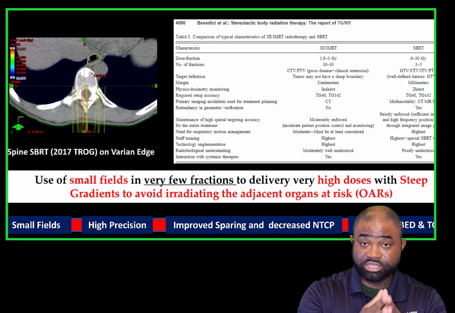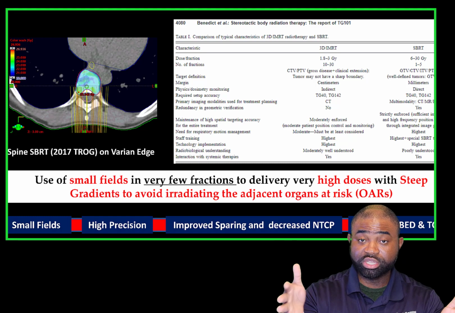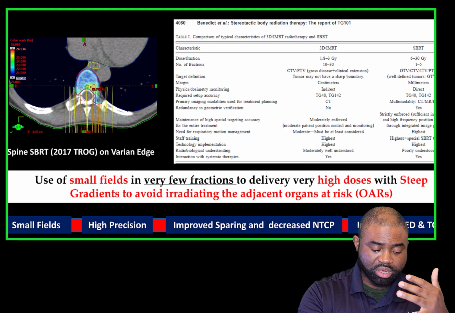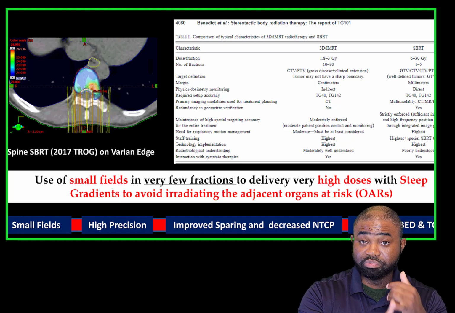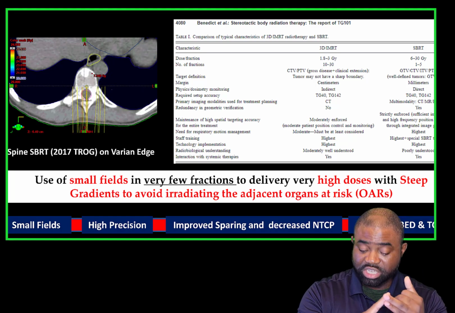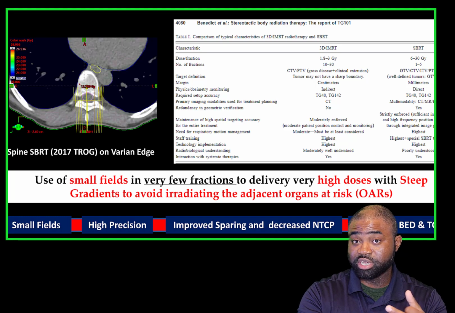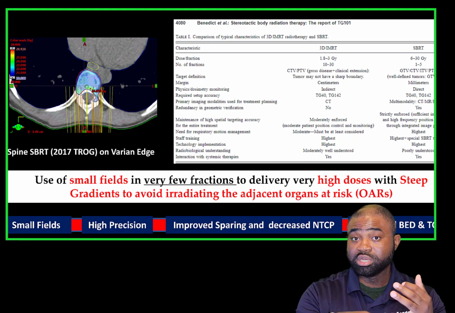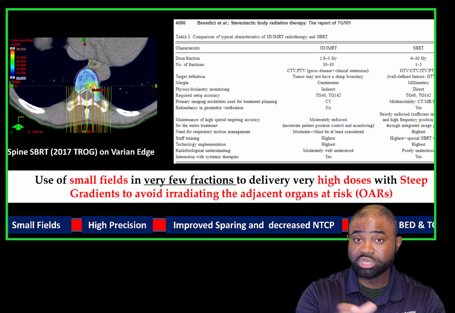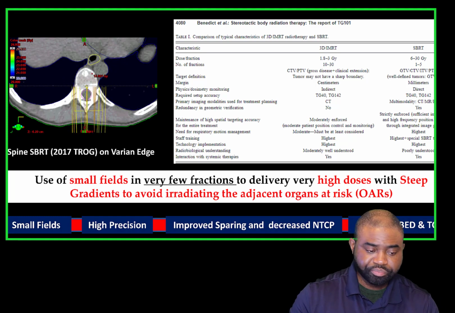What actually distinguishes stereotactic radiosurgery and conventional radiation therapy in terms of local control is the fact that the BED in stereotactic radiosurgery is much higher, which improves local control, increases the tumor control probability, and therefore decreases the NTCP as well as improves the sparing of the surrounding organs at risk.